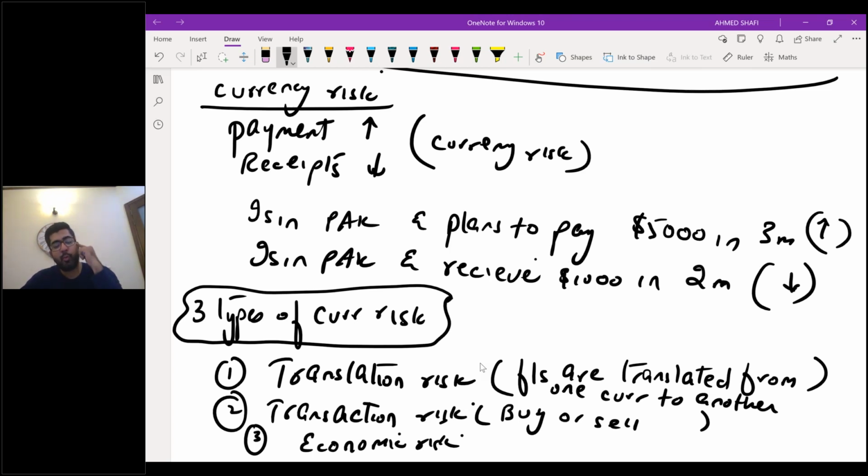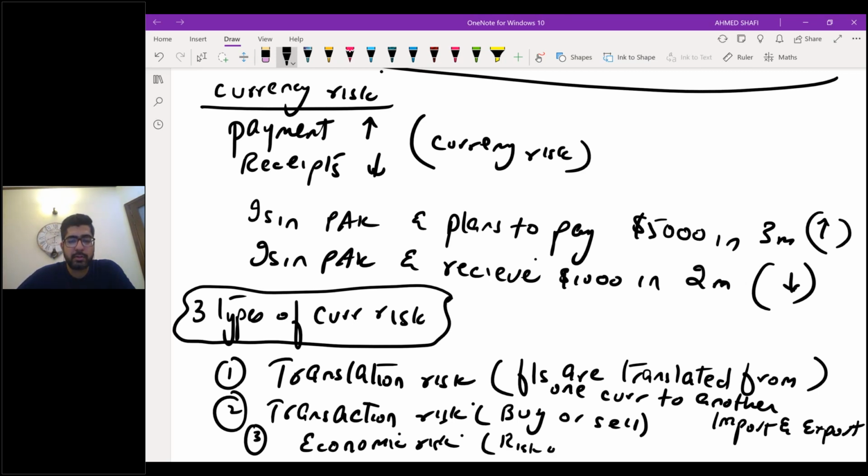Typically, buying means imports and selling means export. So any risk on buying or selling, that is imports and exports, is called transaction risk.